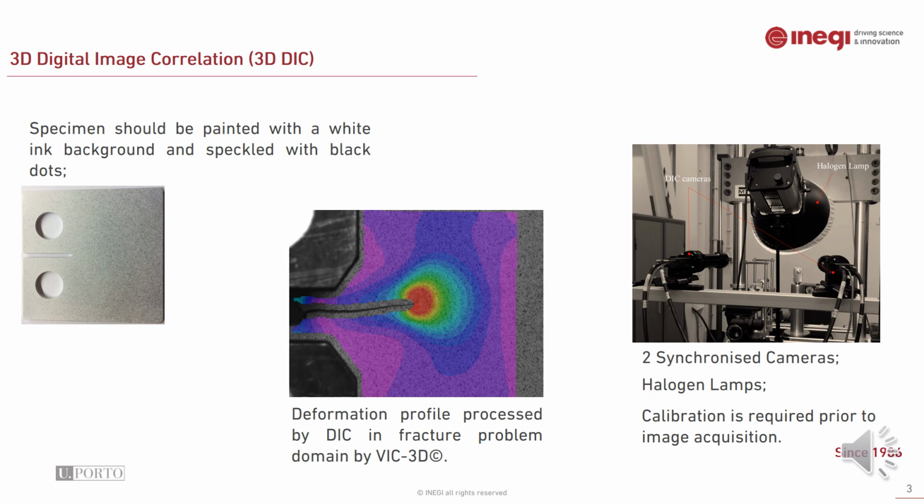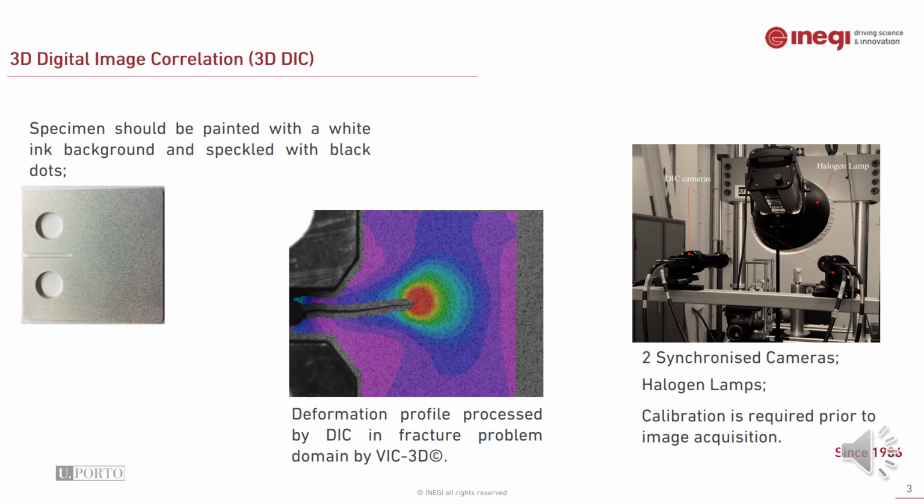So in order to perform digital image correlation analysis, the specimen should be prepared. On the first image, it is possible to see a prepared specimen with the speckle pattern on. In order to perform 3D digital image correlation, two cameras should be considered.